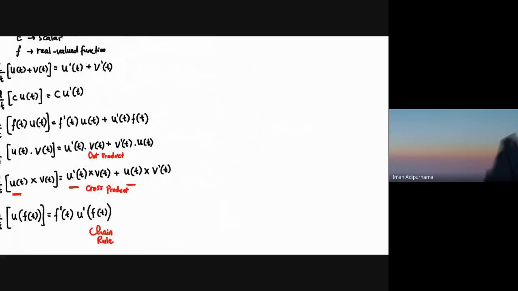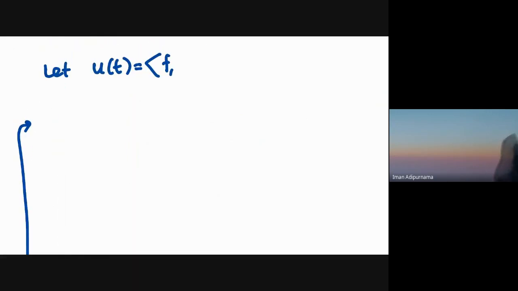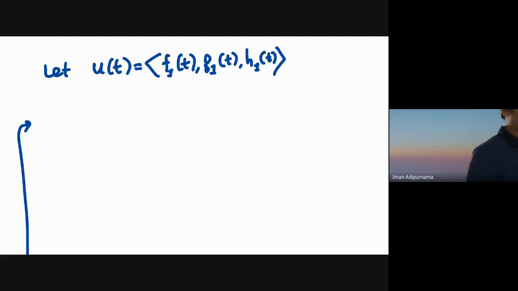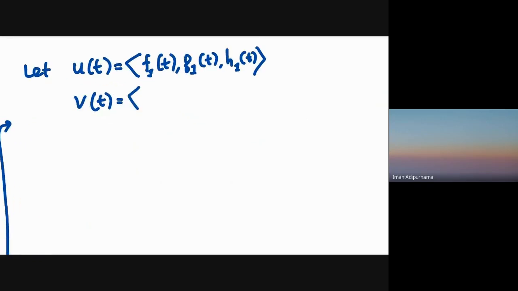Okay, for the dot product, let me explain here. Let the vector functions have f1, g1, and h1 as the components, and vector phi as, wait, I think we need to make all f.